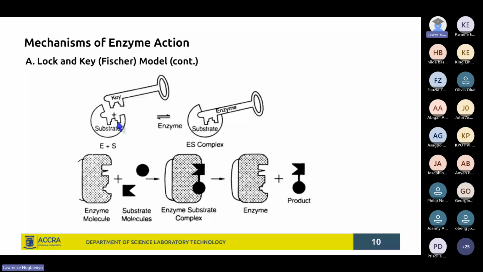So that if you have two substrate molecules which are to react, and their reaction is to be catalyzed by an enzyme, what is being depicted below, you have an enzyme molecule that is having two sites.